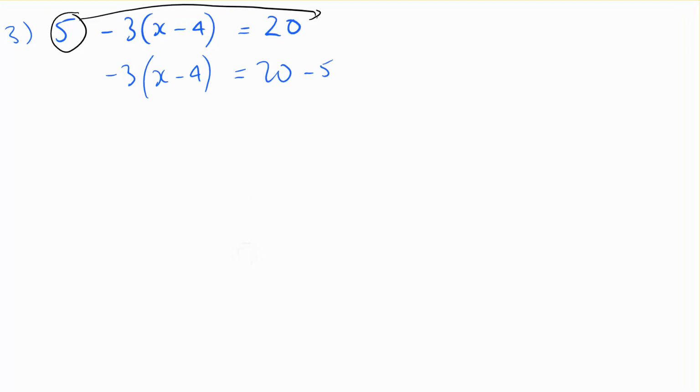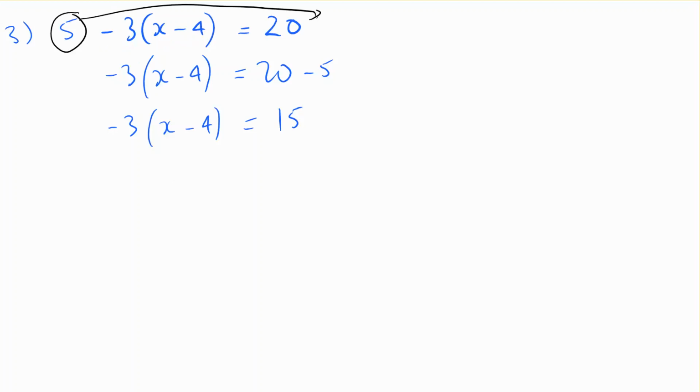It's minus 5. So minus 3 bracket x minus 4 equals 15. Okay, this minus 5, some people don't do that first and they expand. If you do that, imagine there being no 5 there, and just expand it, because this positive 5 has no impact when you expand this.